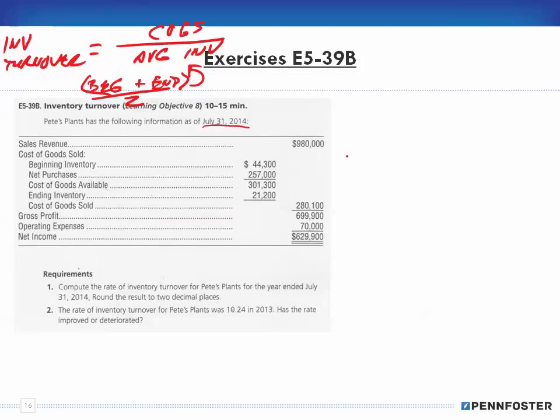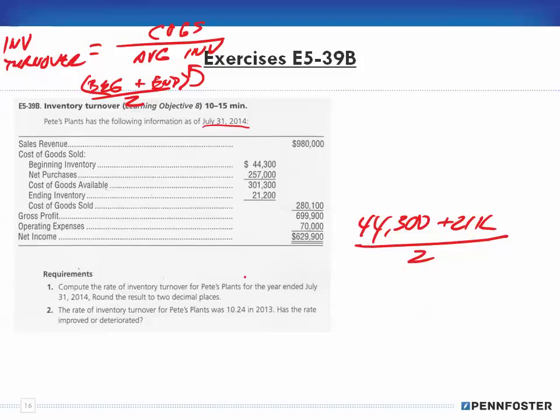So what do we have here? Let's do the average inventory first. We have a beginning inventory of 44,300, and we have an ending inventory of 21,000. So we add those two together and divide by 2.